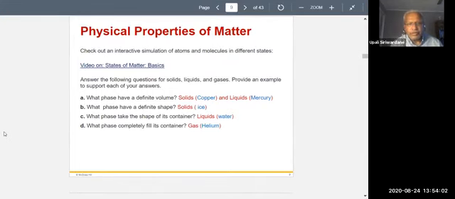What is the simulation of atoms and molecules in different states? In the video below. Now you are going to answer the following questions about solids, liquids, and gases, and also provide support for each of your answers.